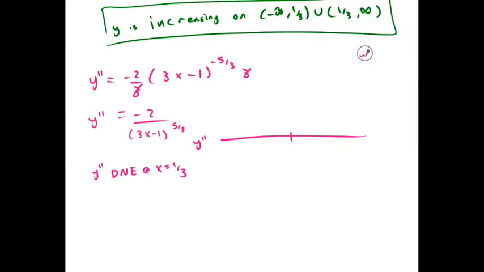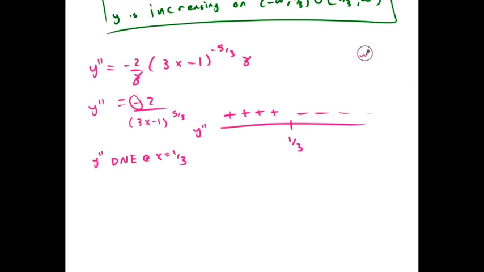So if we plug in a large positive number, for example, (3x minus 1) to the 5/3 will be positive. But we have a negative up top, so we'll get negative numbers past 1/3. And if we put in a really small negative number, like negative 100, we'll get a negative in the denominator, which will cancel with the negative in the numerator to give us positives.